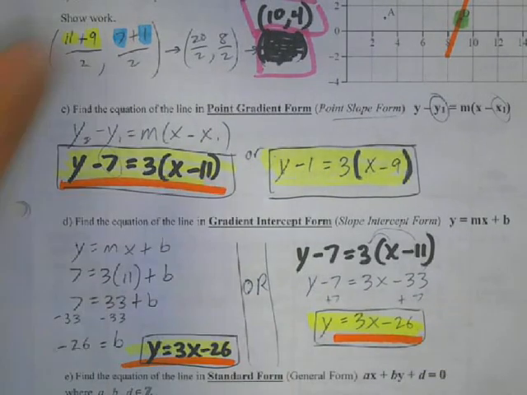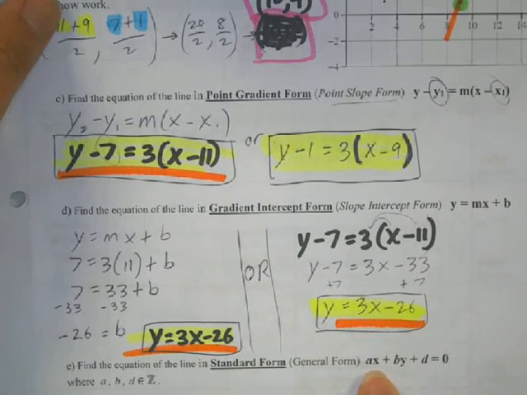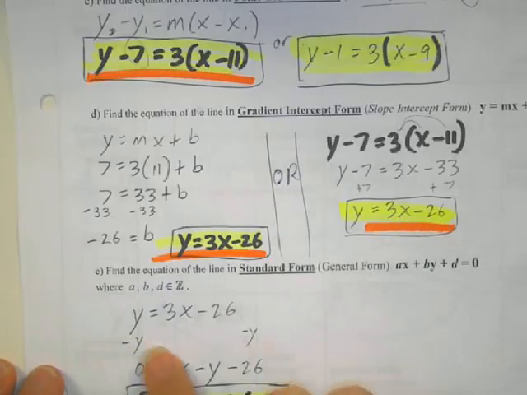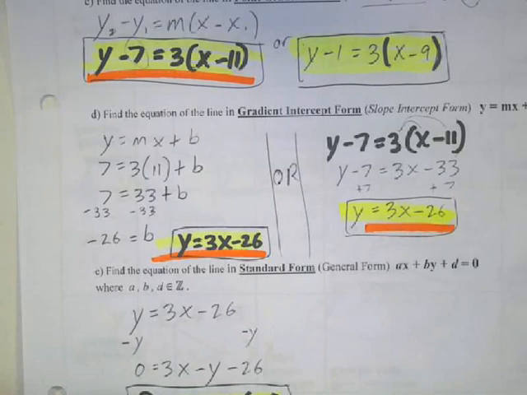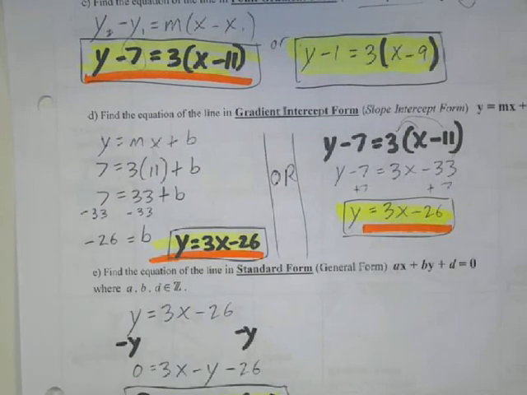Okay, and then lastly, we want to put it in standard form. So I just subtracted y on both sides. And now the only thing left on this side, there's nothing left on this side, right?